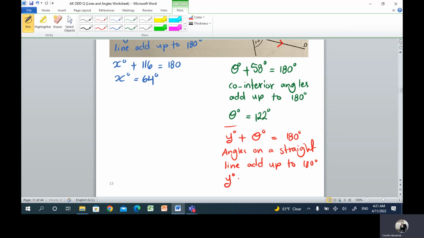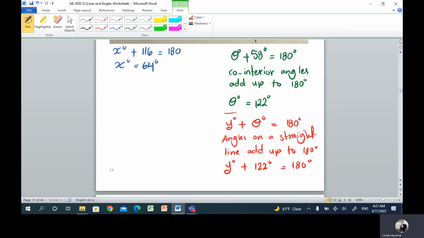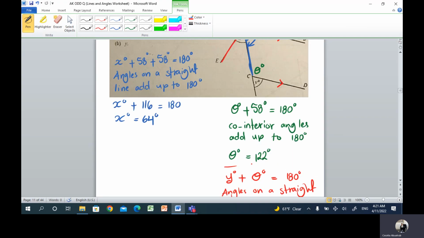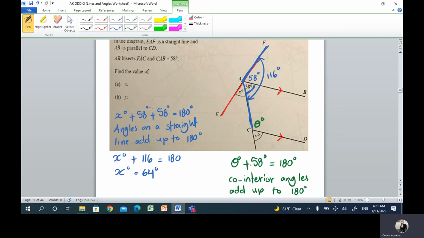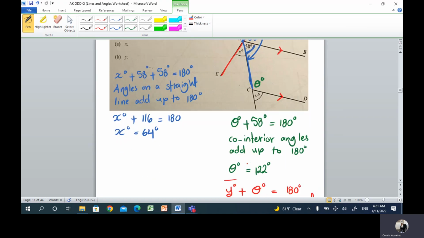Accordingly, y plus theta, which is 122 degrees, is equal to 180. And to find y, we're going to subtract 122 from 180. So 180 minus 122, the answer will be 58 degrees. So we found y and we found x. Basically, we found all the unknown angles.